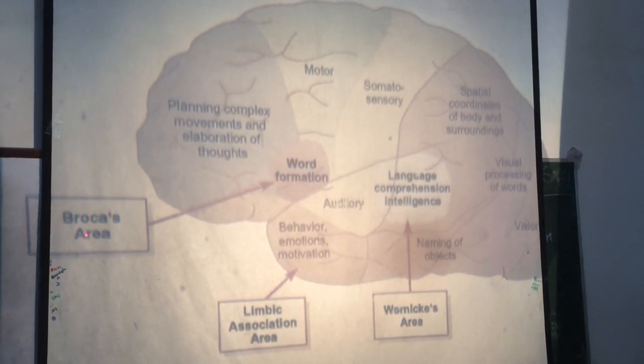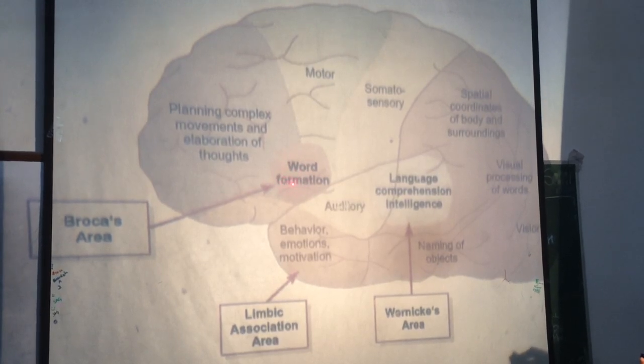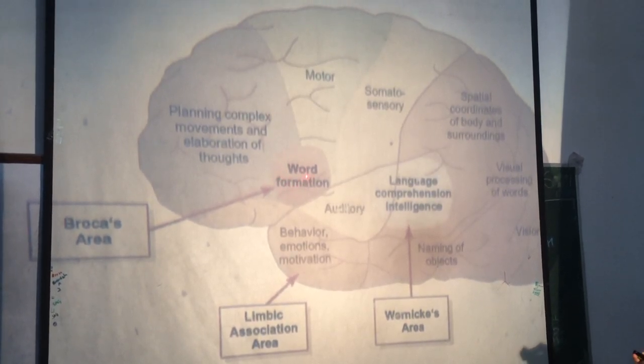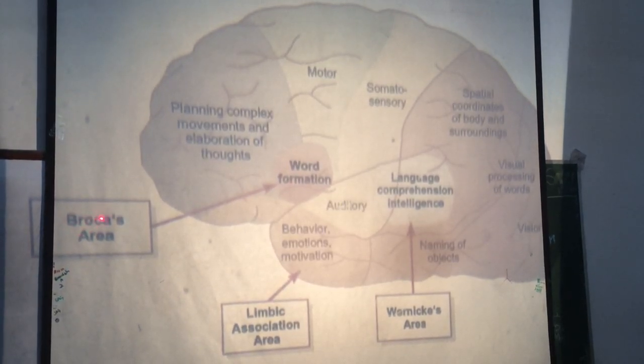Broca's area, the motor speech area, is Brodmann's area 44.